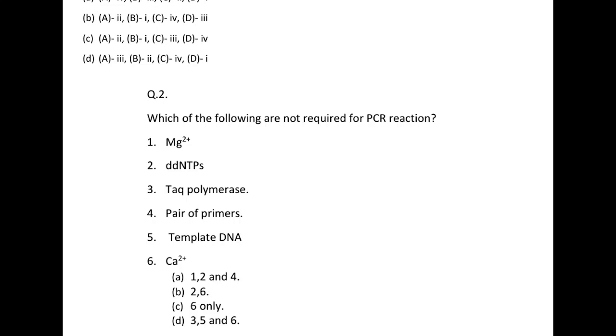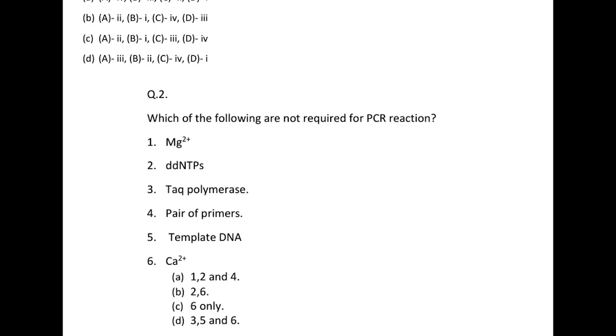So basically for a polymerase chain reaction, you require a few important things. The first thing is the DNA template that you want to amplify. You need DNA polymerase that will help in the amplification. You need dNTPs, not ddNTPs, because ddNTPs will stop the reaction at that point.